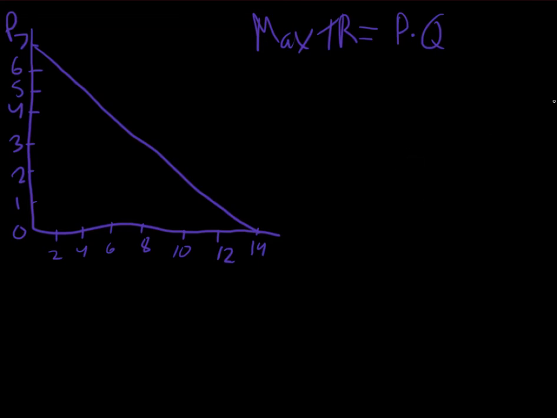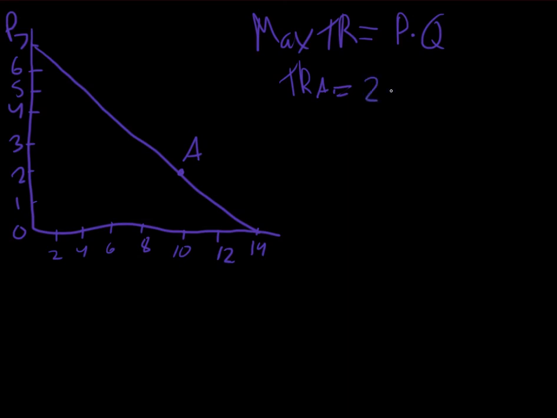Graphically, how would I represent total revenue? Total revenue can be represented as price times quantity. Let's say I'm at point A. What is my total revenue at point A?